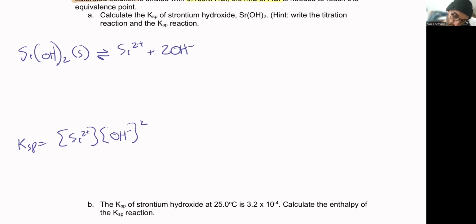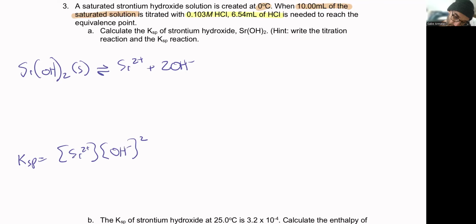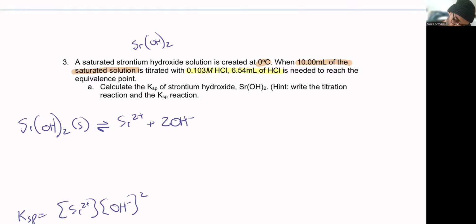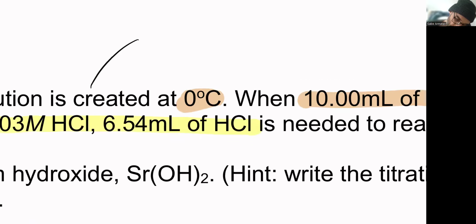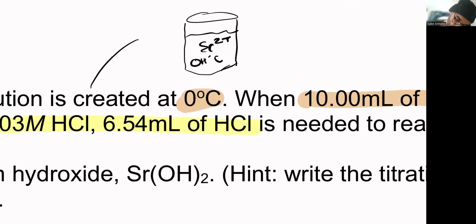And the important thing here is when we create this solution, essentially what happens is I have strontium ions, and I have twice that hydroxide ions. They're free. These are free hydroxides. This is what I'm going to be doing a titration with. So H plus and OH minus is going to yield water.